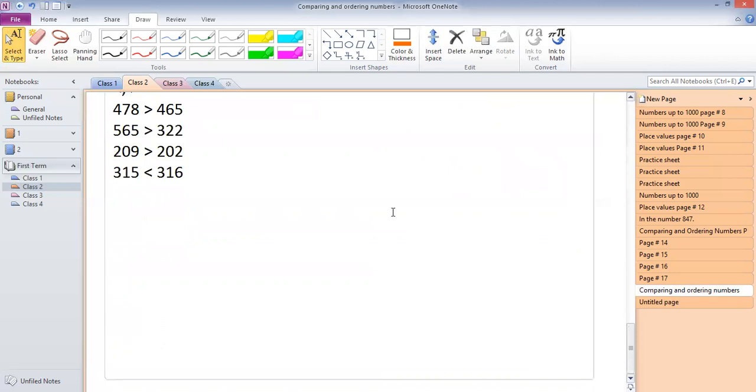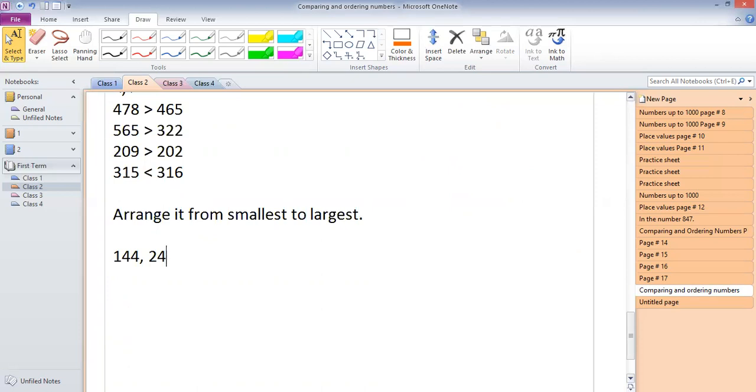I'm going to write a series of numbers here. Let's suppose I write: arrange from smallest to largest. This is the question, guys, and the numbers are 144, 244, 44, 444, 454.